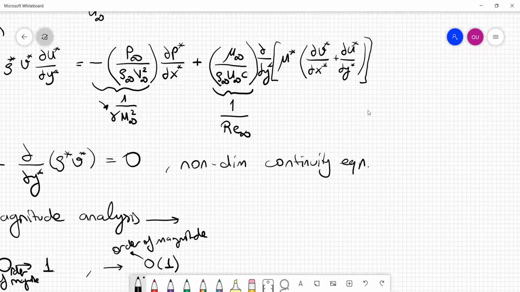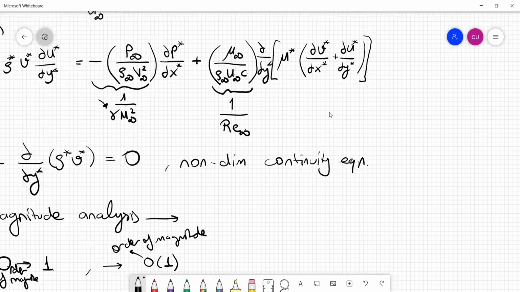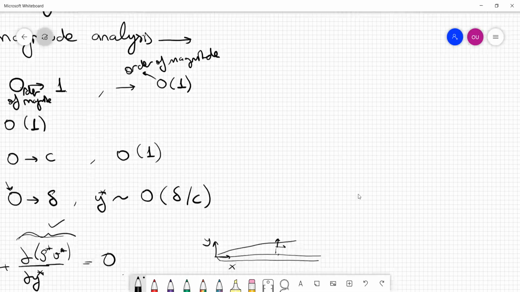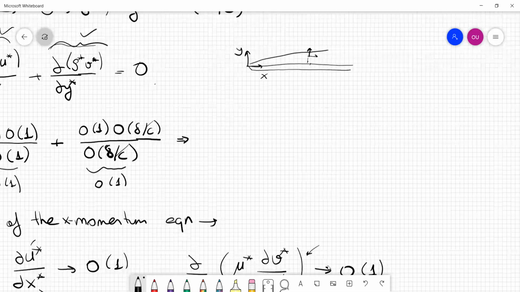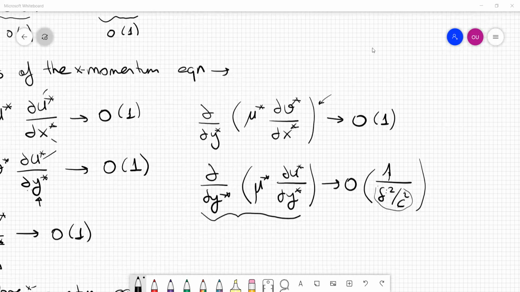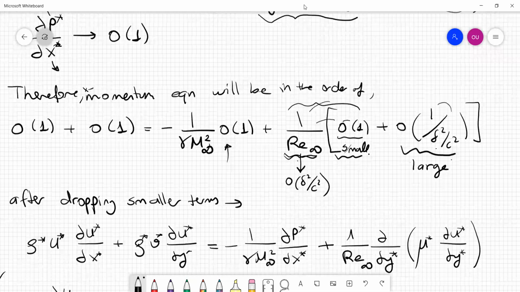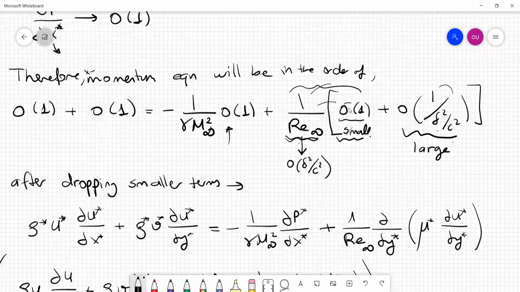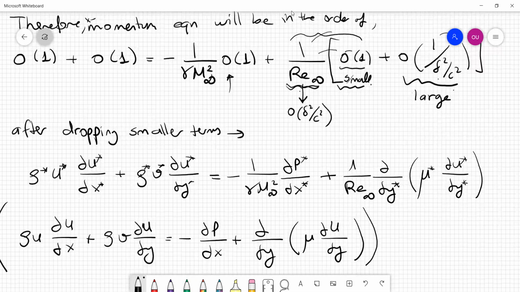Because the thing is, the order of 1 over Reynolds number is delta square over C square, not the order of Reynolds number itself, order of 1 over Reynolds number.